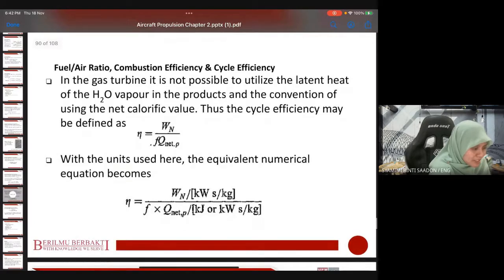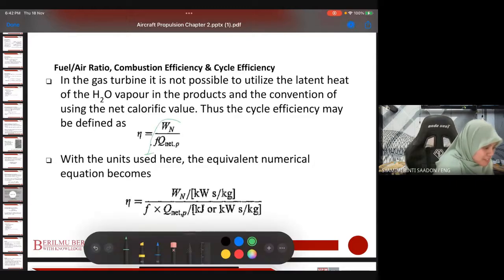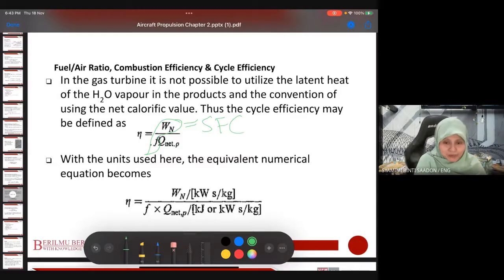In the gas turbine, it's not possible to utilize the latent heat. And another thing, this is the cycle thermal efficiency. For this one, you can see here is actually the SFC just now. This part is the SFC, so you just divide by the Q net. This Q net is the heating value of the fuel, of the gas.